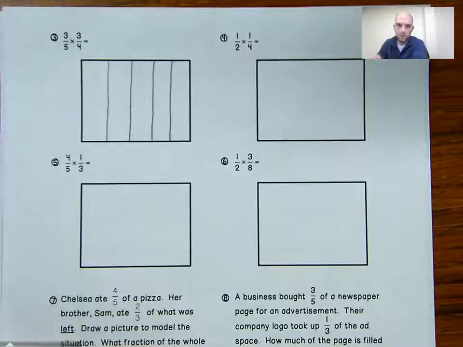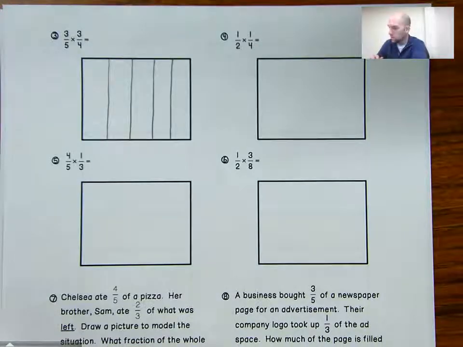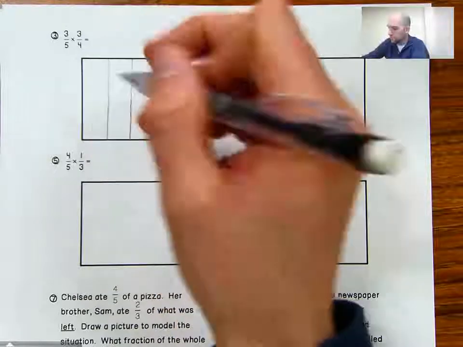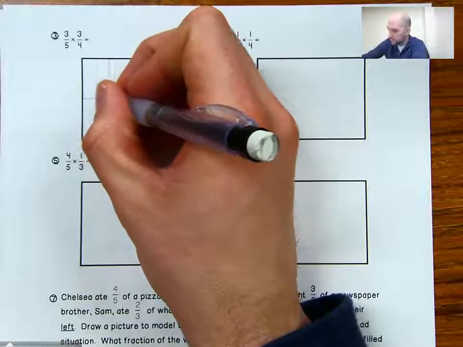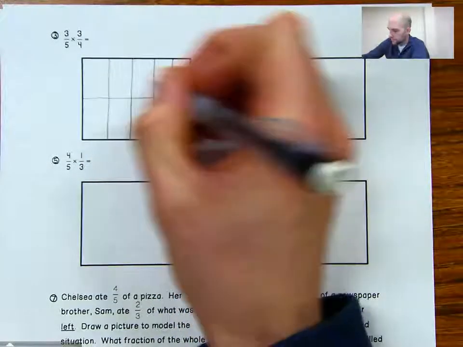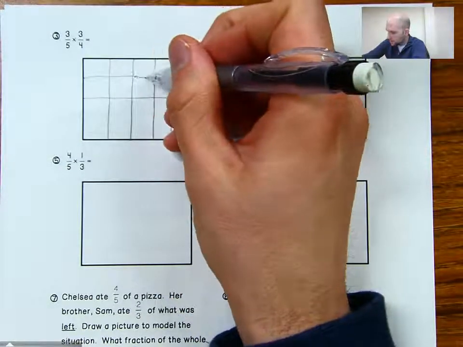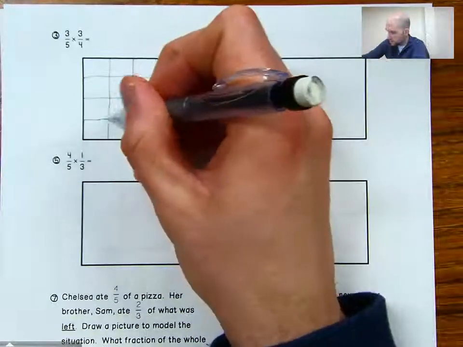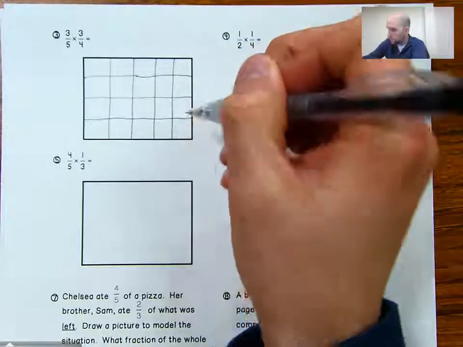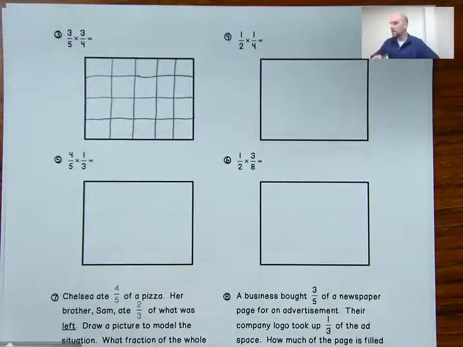Well, they're not super even, but we will use our imagination for now. It says 3/5, and then we have 3/4, so we have to make fourths this way. They look a little bit more even now that we made the fourths that way.